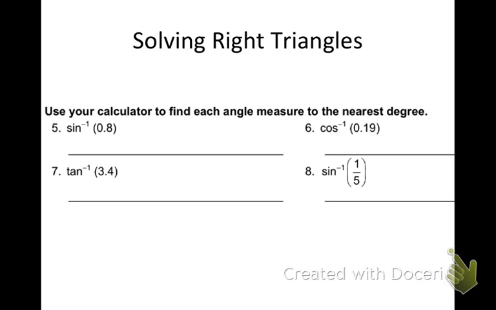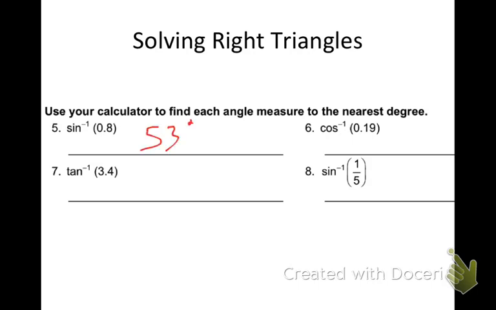Using your calculator and your new inverse function, find the angle measures of these 4 sine, cosine, tangent functions. Please round them to the nearest degree. All right, so number 5 here. The sine inverse of 0.8 is how many degrees, Jessica? 53 degrees. Nice job.